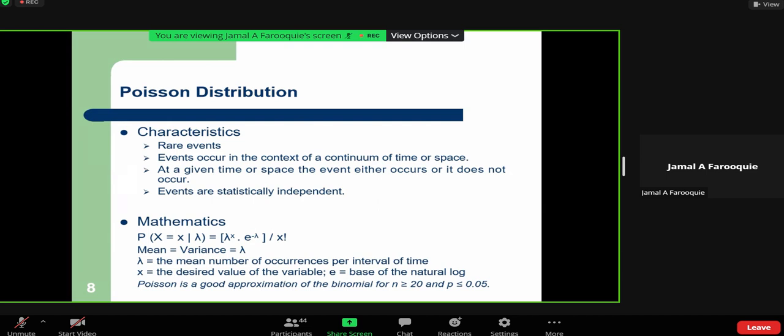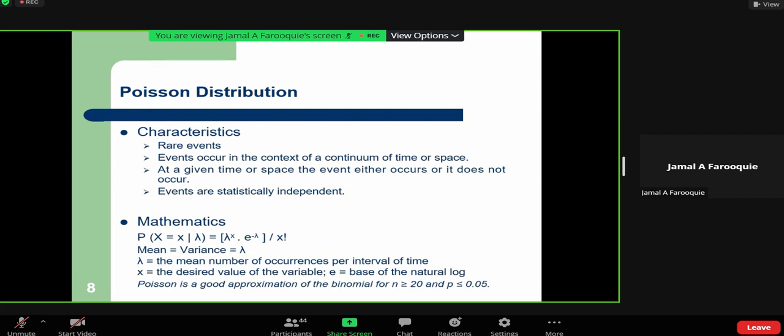And the mathematics of this Poisson distribution is given like this. Again, x is a random variable. Whatever is the event of your interest, that is denoted by x. Small x is that exact number. And lambda here is the mean number of occurrences per interval of time.